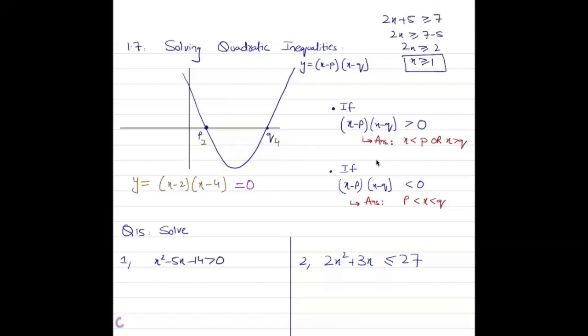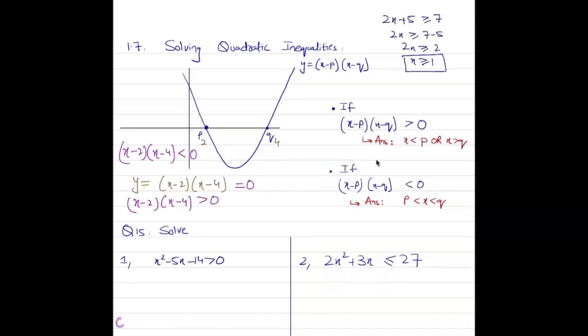But when this is not equal to 0, and let's say x minus 2 times x minus 4 is less than 0, then this becomes your quadratic inequality. Or if it is x minus 2 times x minus 4 greater than 0, then also it's a quadratic inequality, because now you have an inequality sign over here.